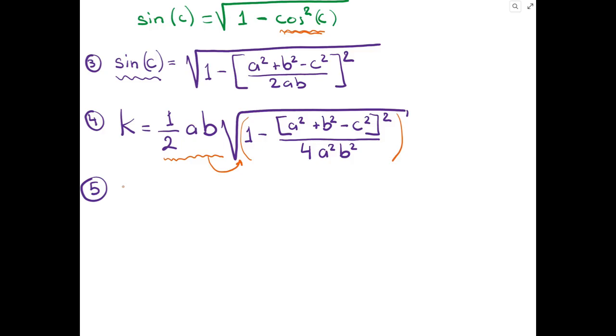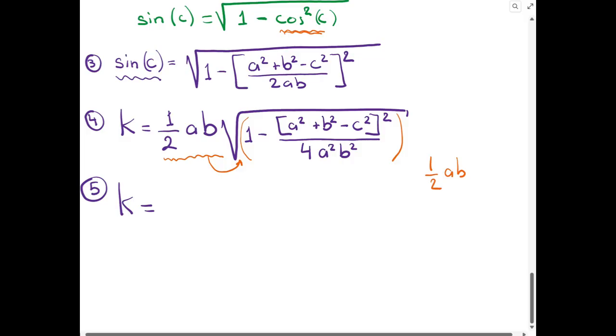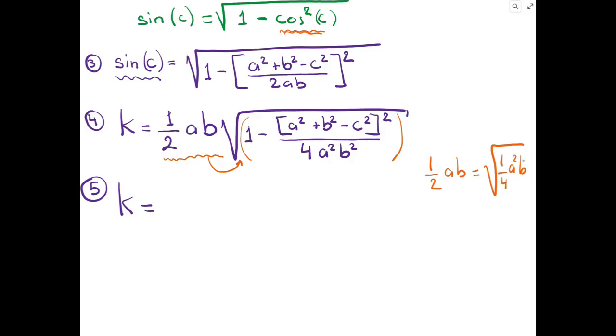So let me show you on the side first. What I'm trying to do is say that 1/2 ab is equal to the square root of 1/4 a squared b squared.